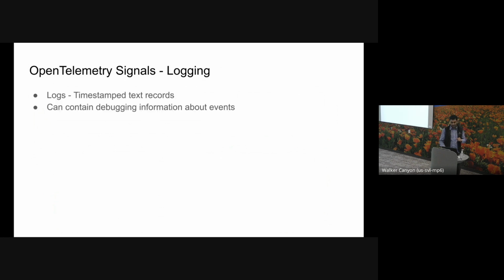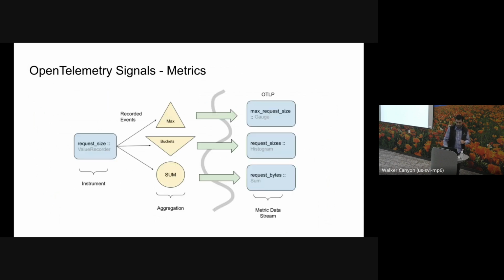Then we have logging. It's very self-explanatory. It's super popular. Logs have been used since, I don't know, time immemorial to debug stuff. Printf debugging. Then we have metrics, and this is something that I'm going to dive a bit more into. This image is taken from OpenTelemetry.